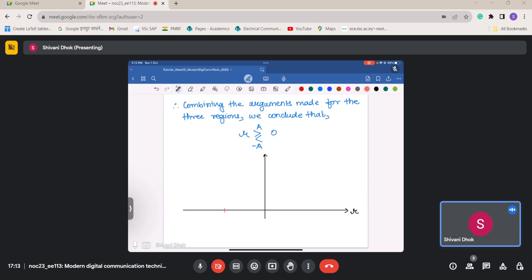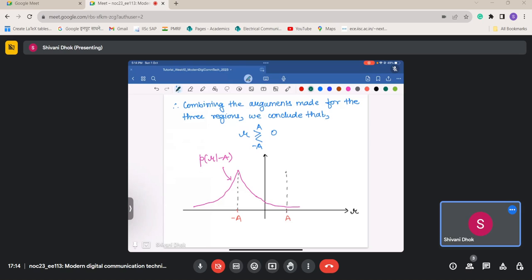So let's see, this is minus A, this is plus A, and just take it. Yeah, like this. So this thing here is the PDF of r given minus A being transmitted.